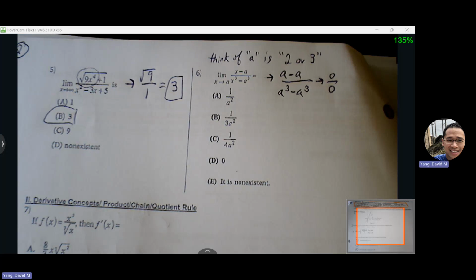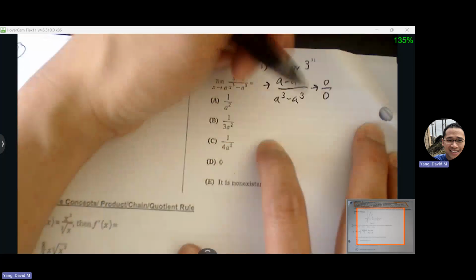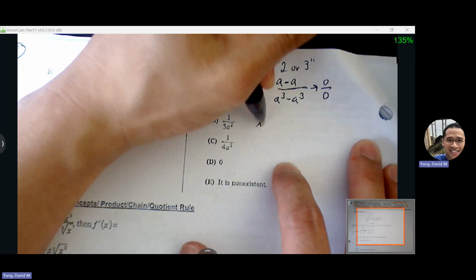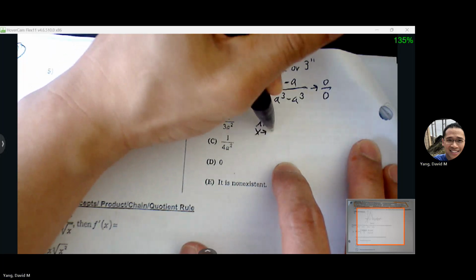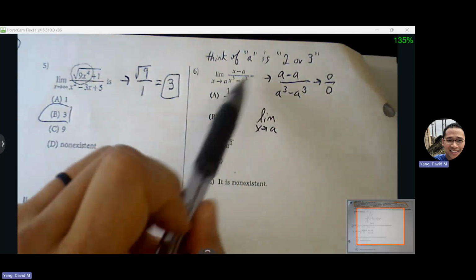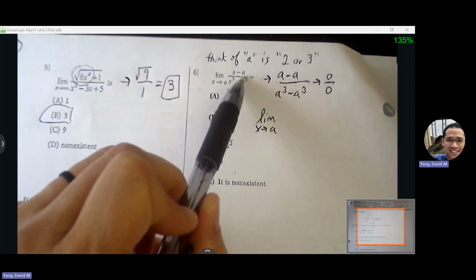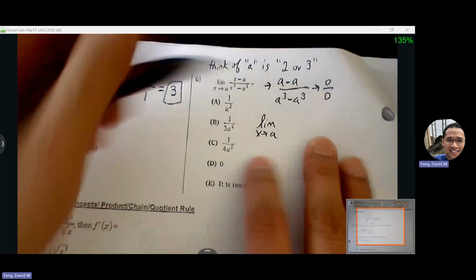We get 0 over 0. That gives us the ability to find the limit. Use L'Hopital's rule. So we can find the derivative of each of these terms. Remember, a is a number, so all these will go to 0, but x becomes 1.